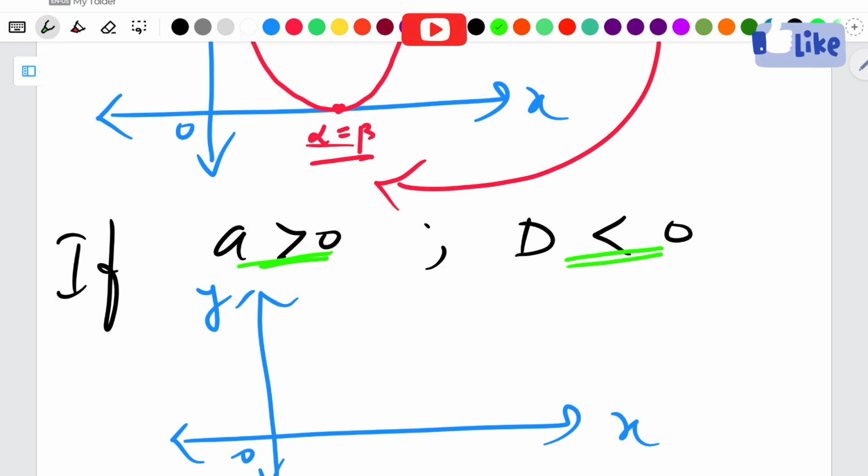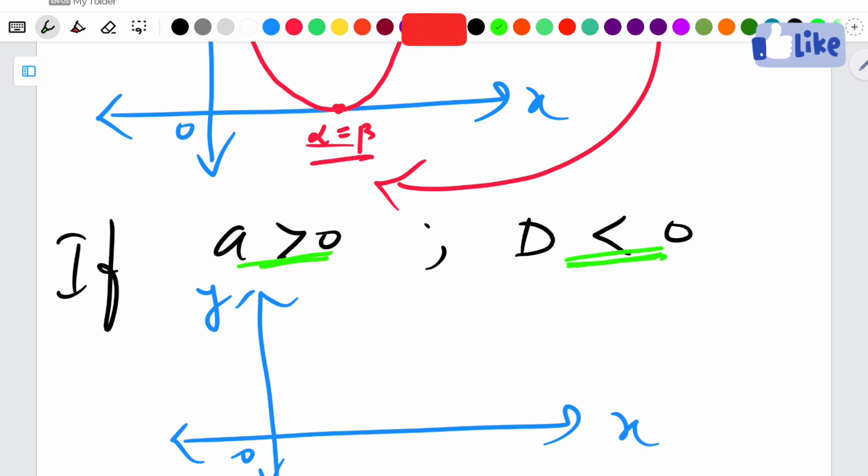See students, if there is a possibility of having roots, the curve must either touch or cut the x-axis, either at 2 points or at a point. And if D is less than 0, that means there are no real roots.